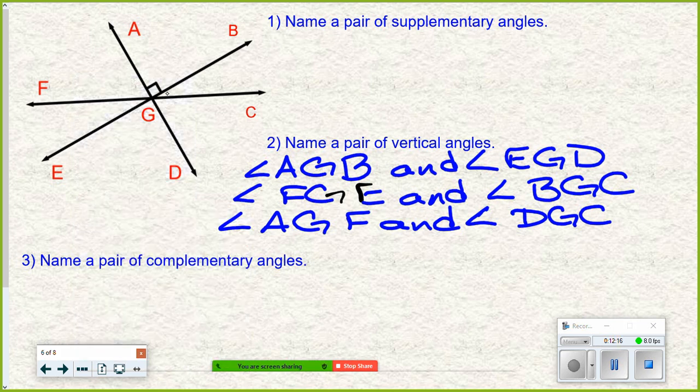There's only one that's shown right here, right? But this line and this line are perpendicular with each other. They cross at a right angle. So that means there's actually four right angles in this picture. There's the one there, there's one here, there's one here, and there's one here.